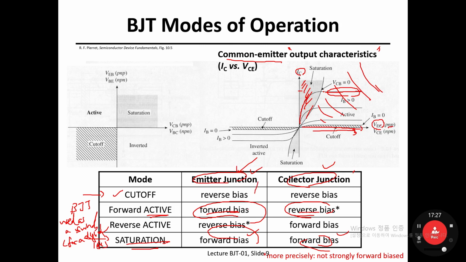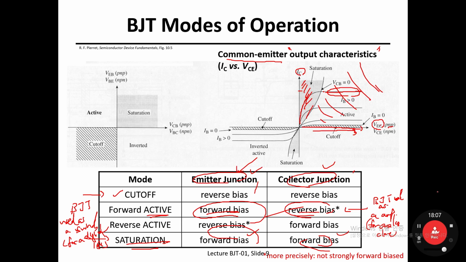However, if your BJT is working in this forward active mode, then your BJT is used as an amplifier, and that would be good for analog circuits. So in summary, if you would like to use the BJT as a switch for digital logic, you should think that the emitter and collector junctions are both reverse biased or both forward biased.